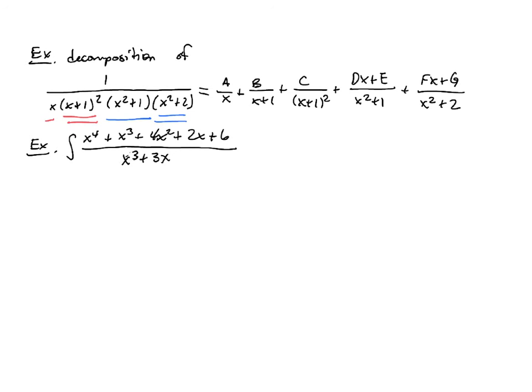So I have x to the fourth plus x cubed plus 4x squared plus 2x plus 6 in the numerator, and I have x cubed plus 3x in the denominator, and I'm integrating that with respect to x. Now the first thing to note is that my numerator degree is too large, so I have to start with polynomial long division.